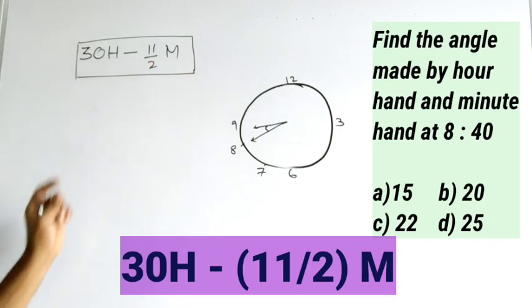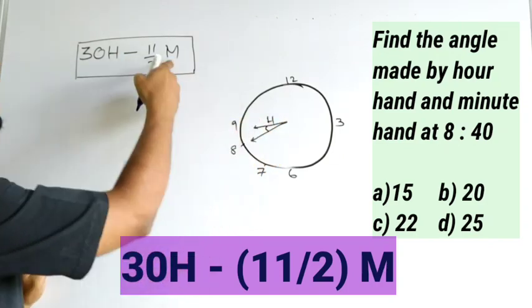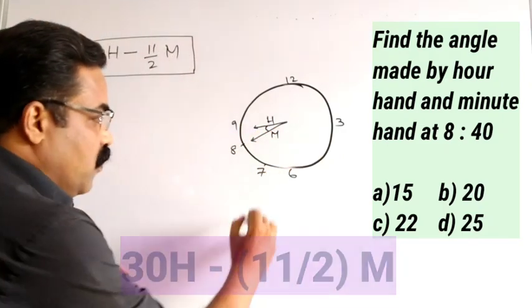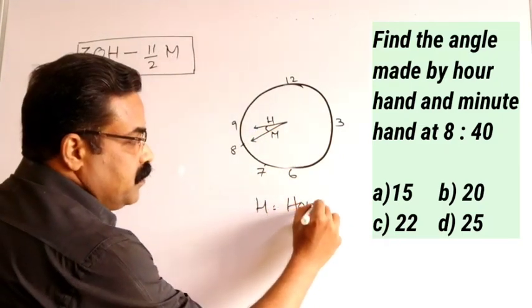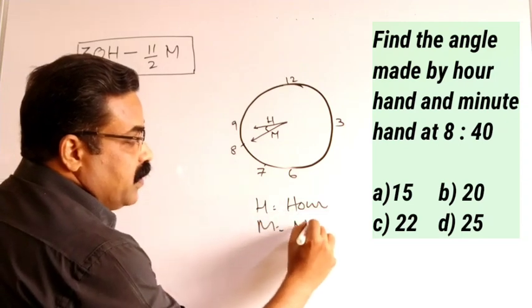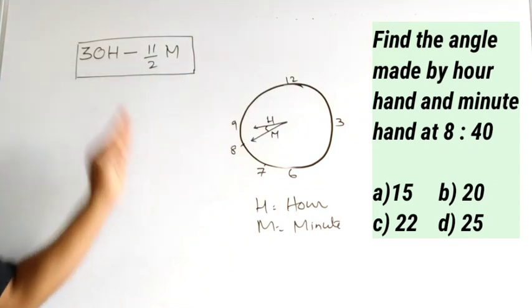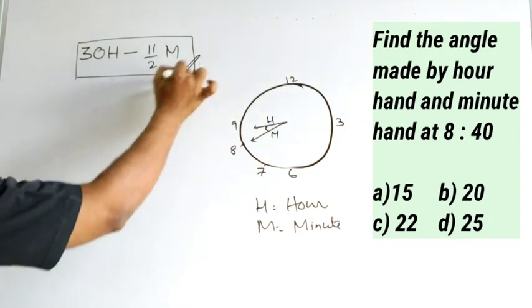H stands for hour and m stands for minute. So 30h minus 11 by 2 m. Just remember this formula, that's it.